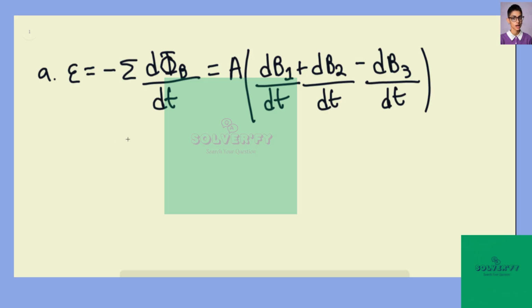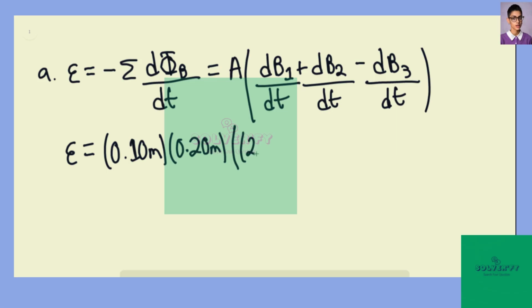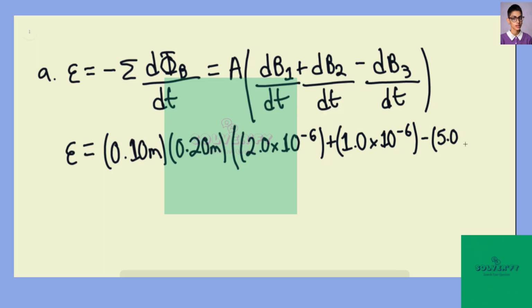And at this point, we can just solve. So the EMF would be equal to 0.10 meters multiplied by 0.20 meters multiplied by 2.0 times 10 to the negative 6th plus 1.0 times 10 to the negative 6th minus 5.0 times 10 to the negative 6th.